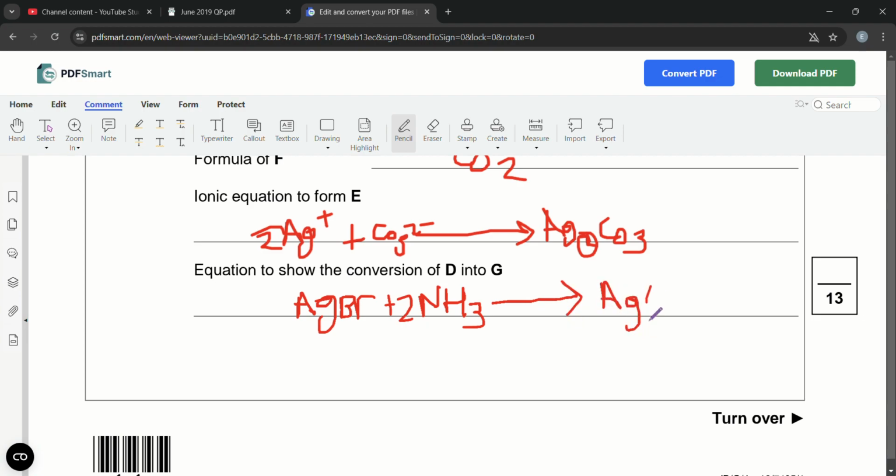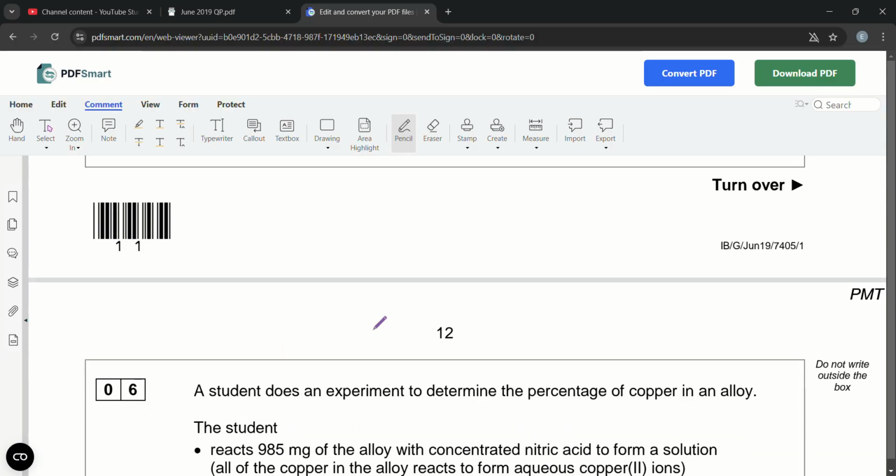We're going to replace Br with NH3, and a 2 here, positive charge, plus Br-. That's why we have 2 here, because we've got 2 here. That's the end of question 5.